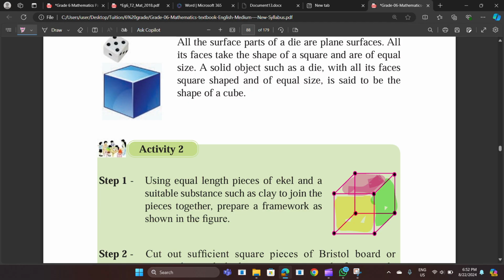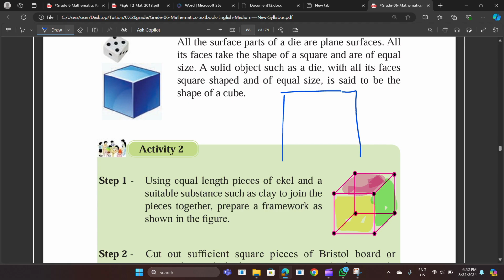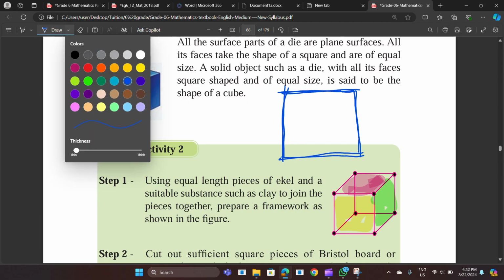Okay, so in total there are 6 faces, but the specialty is that all 6 faces are in square shape. What is a square shape? It is a shape where the length and width of the polygon are the same.